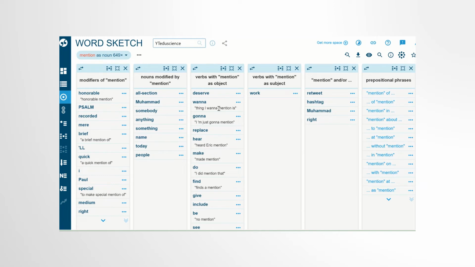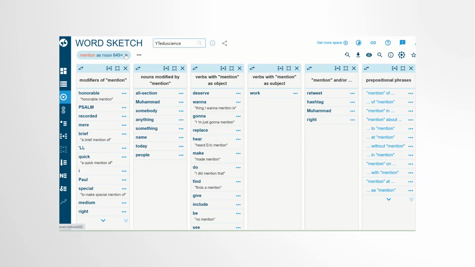Here we have the verb mention, and what people normally say in conversation, also in academic talks, is the thing I want to mention is, or I'm just going to mention, but this is the verb. So actually this is wrongly tagged and shouldn't appear here, but these things happen.